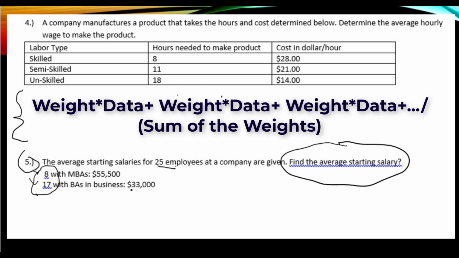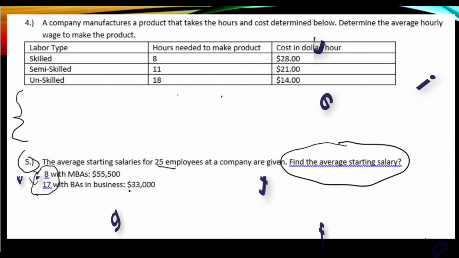It should be clear that the answer is going to be somewhere between 33,000 and 55,500. It's not going to be in the middle between these two, but it's going to be weighted towards the 17, so it'll be closer to 33,000 than 55,000. So let's do it.